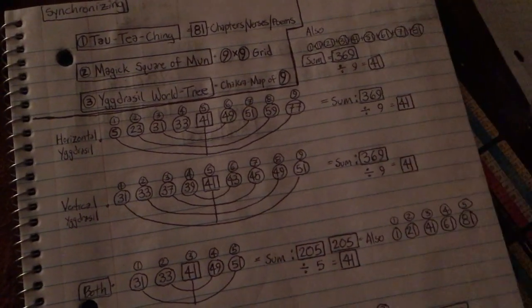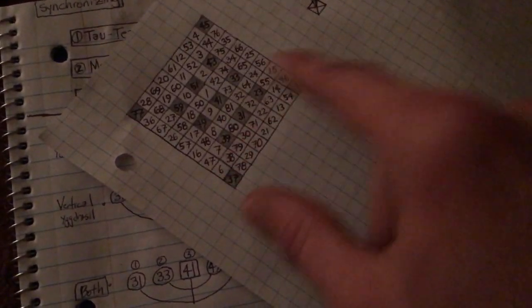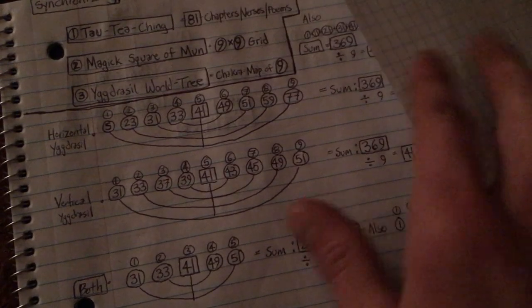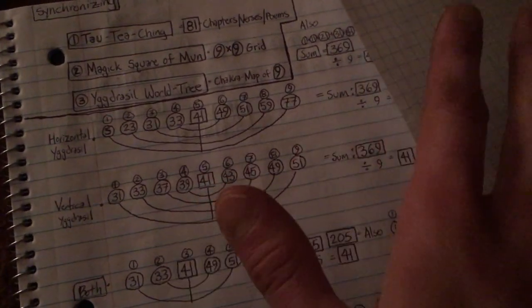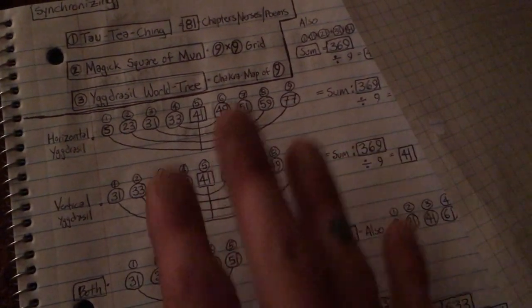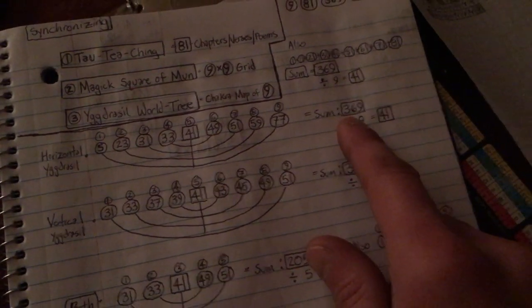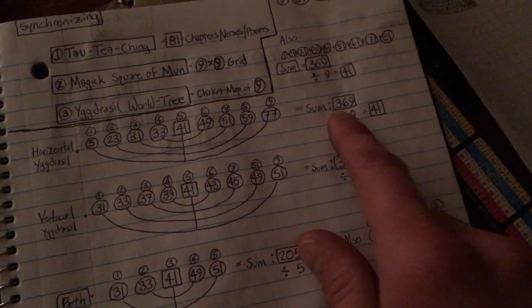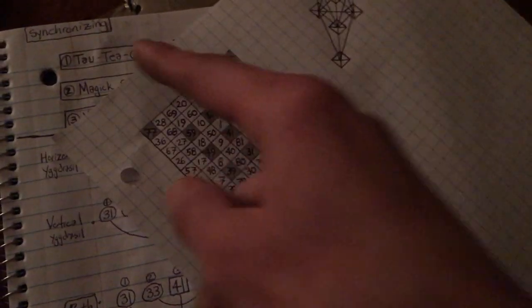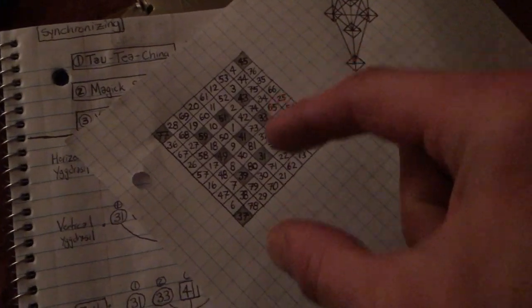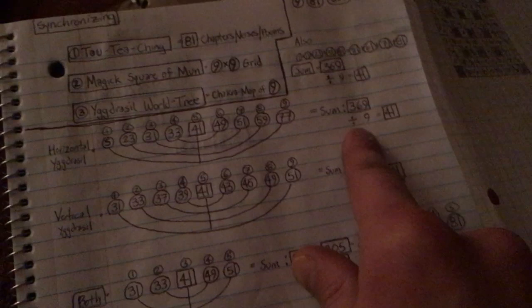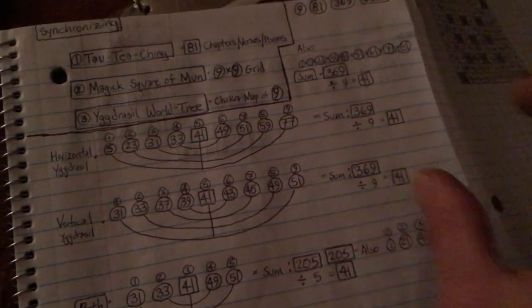What's interesting about both of them is that all the numbers in them, and you can pause the video and do your own math, they all sum to 369. So not only just the lines, but these specific shapes will sum to 369, both of them. And when you divide them by 9, you get 41.